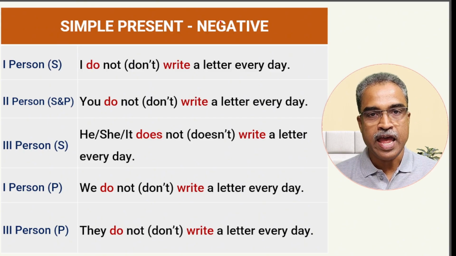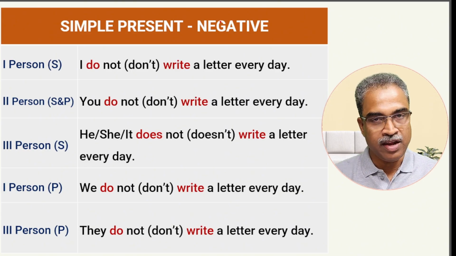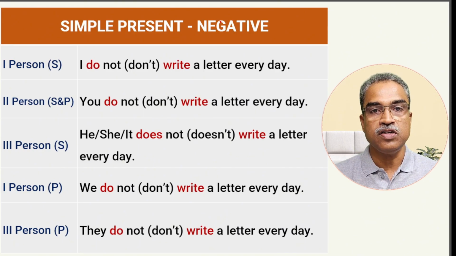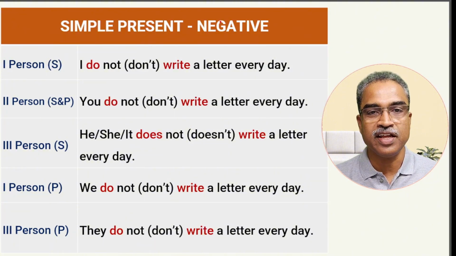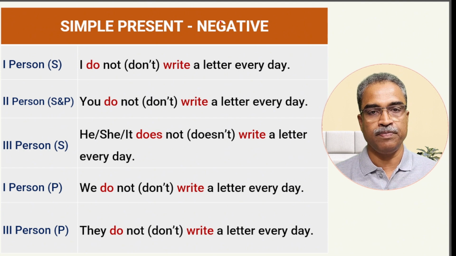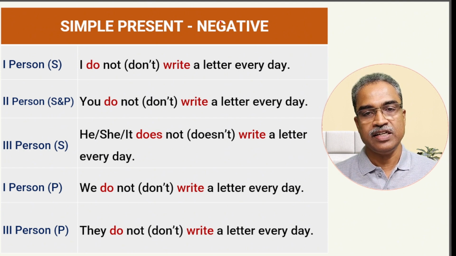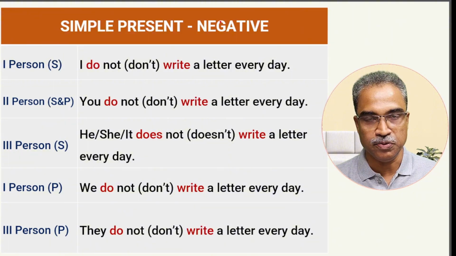So whether you use he, she, or it, it is: he, she, it does not write a letter. Don't say he does not writes a letter, she does not writes a letter. Wrong. The correct sentence form is he or she or it doesn't write a letter or does not write a letter. I hope it is clear to you.